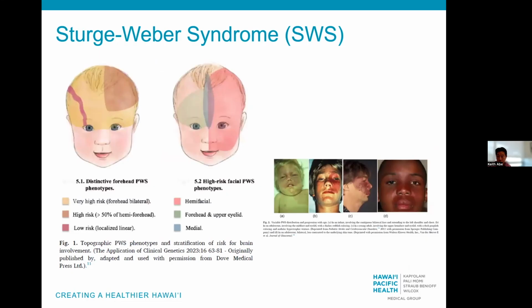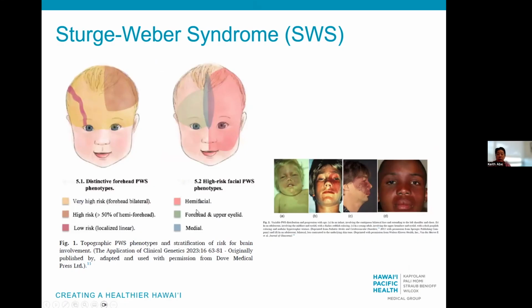And so this is actually from a dermatologist who provided this more recent guideline. And so they have areas of the distribution. Especially if it's bilateral and involving the eyelid, those tend to be areas of more concern.